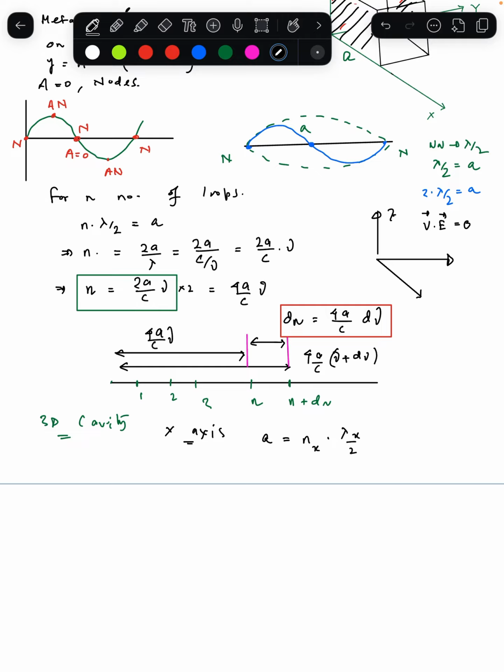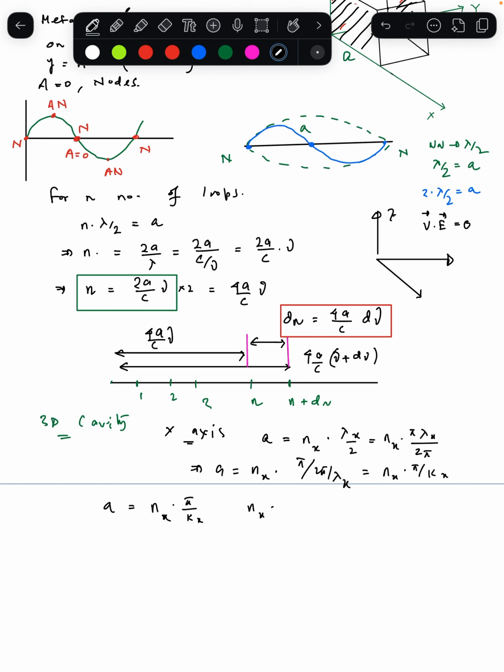Now I am doing some adjustment here: I am multiplying by pi on top, and the bottom also gets 2 pi. So a is equal to nx, pulling lambda x down, into pi by 2 pi by lambda x. 2 pi by lambda x is the wave vector, so we get a is equal to nx into pi by kx.